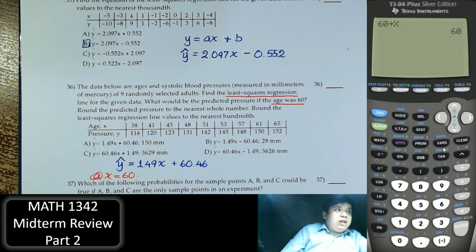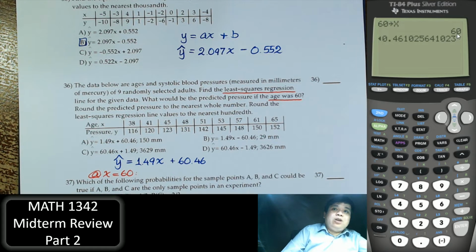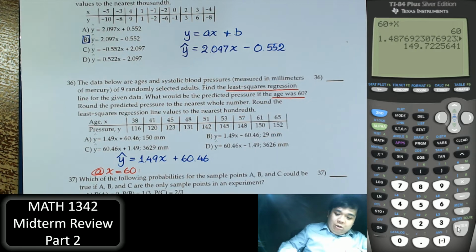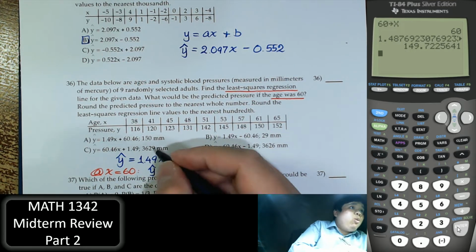Remember, this equation is stored in the calculator already. Hit variable, variable, and then go to statistic, equation, regression equation, right, it's there. X equal to 60 already, so yeah. And we have Y hat is equal to 149.7.